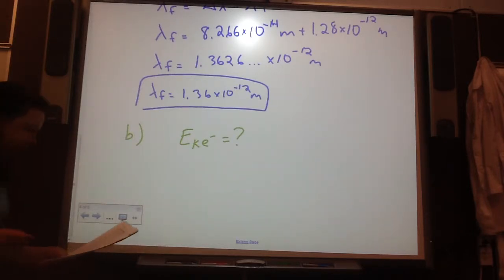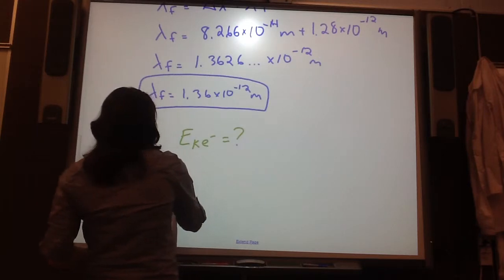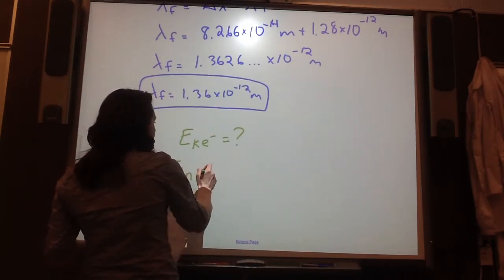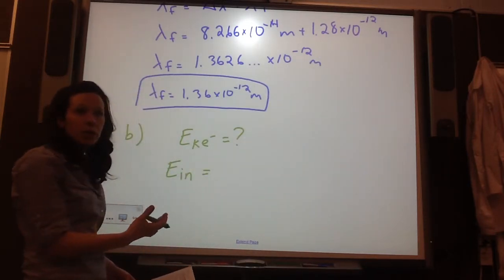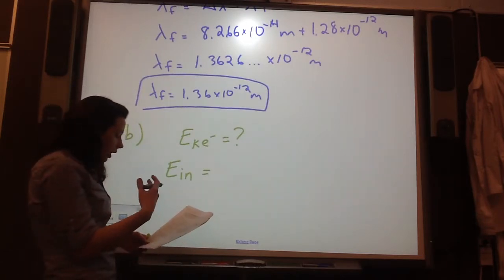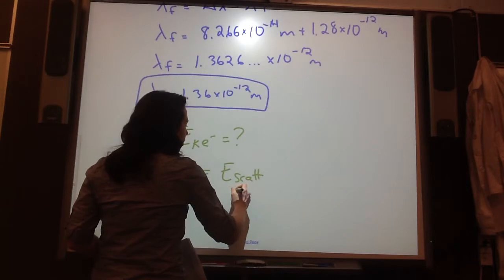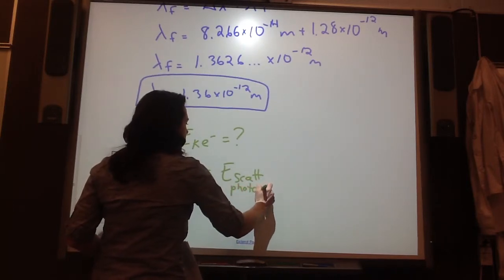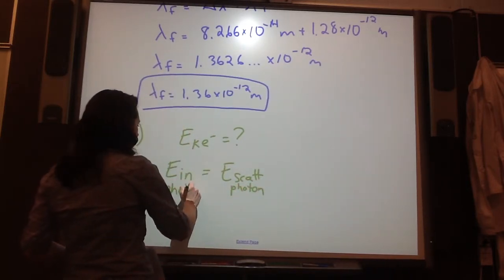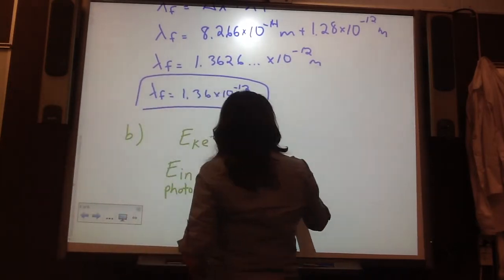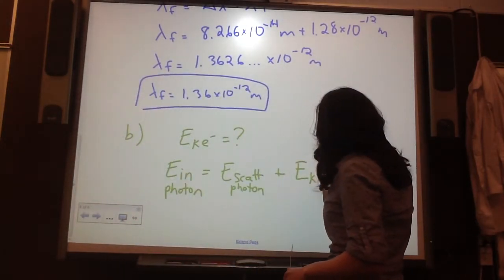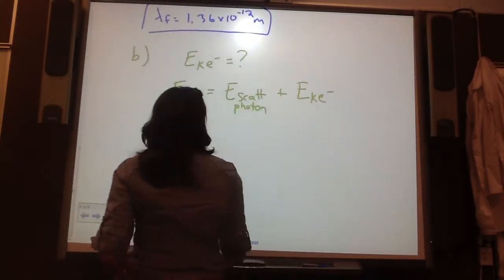All of my incident photon energy is equal to the scattered energy of the photon plus the EK of my electron.